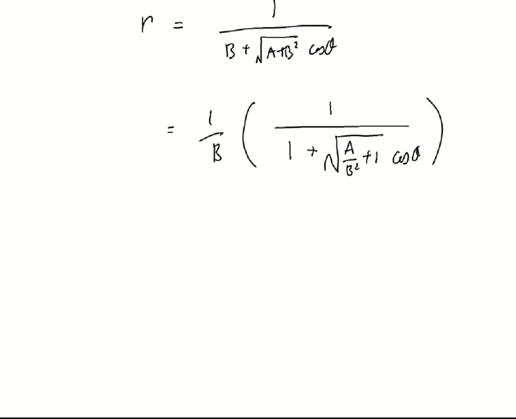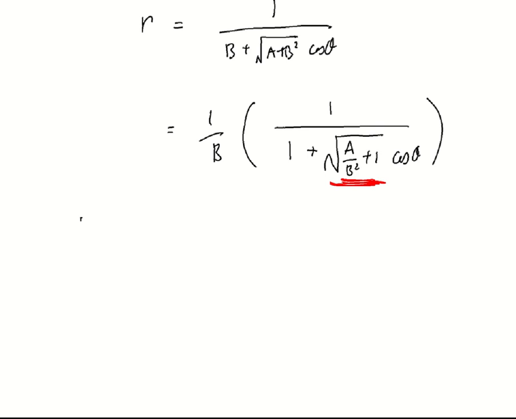Now, this quantity here becomes quite important because cos theta has maximum value 1 and minimum value -1. So the minimum value, what do we know?